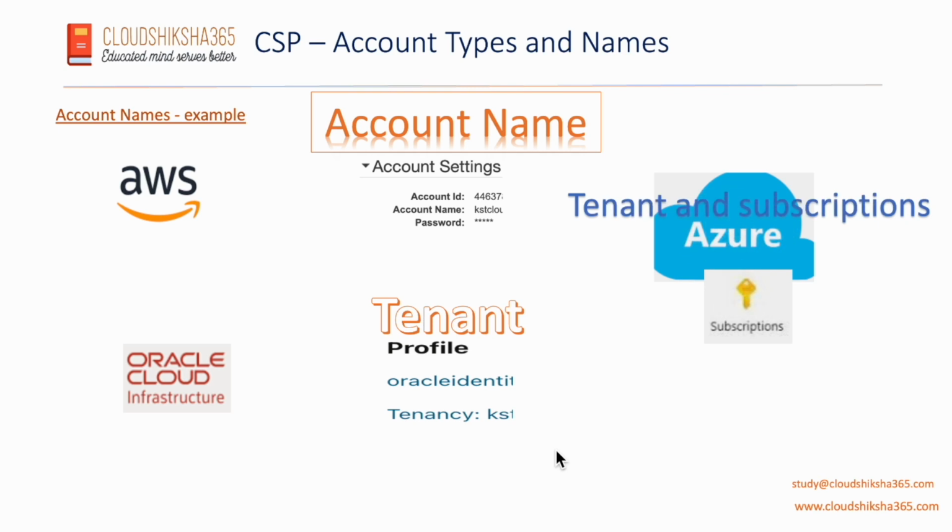In the same way, in Microsoft Azure they have the concept of tenant and subscriptions. You create your account, then you create subscriptions, and you can have multiple subscriptions under your tenant. For example, you can have a subscription for Microsoft Office 365, which is separate, an email subscription, an Active Directory subscription, and an infrastructure subscription where you run some VMs or instances.